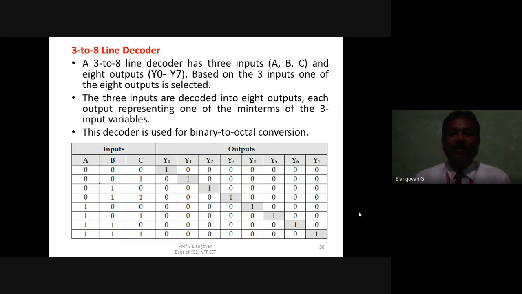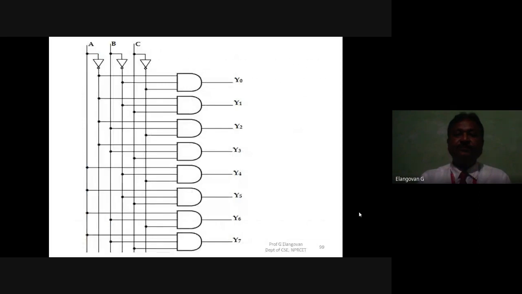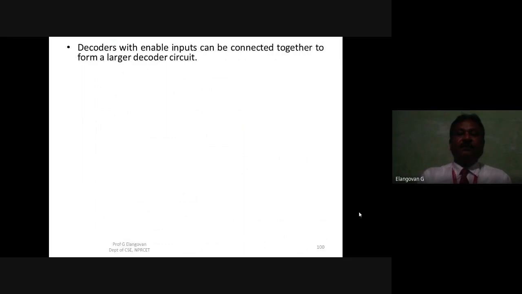Look at the output columns, Y0, Y1, Y2, Y3, Y4, Y5, Y6, and Y7. All the 8 outputs will be high during only one combination, which is its relevant minterm. So we have the 3 inputs and 8 unique outputs.